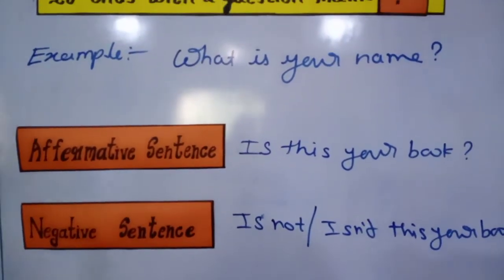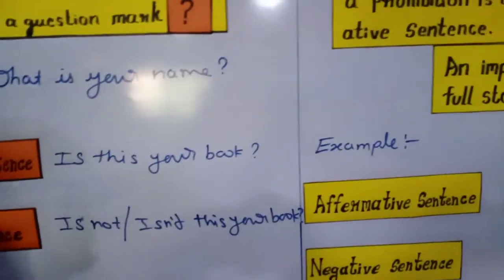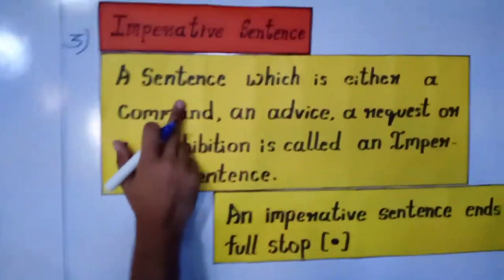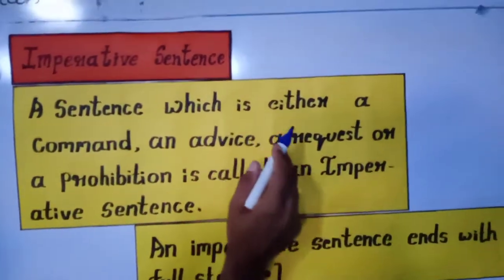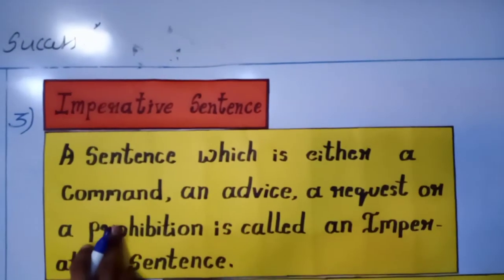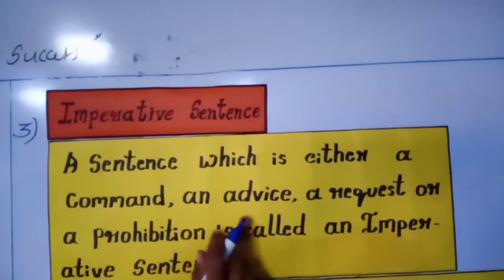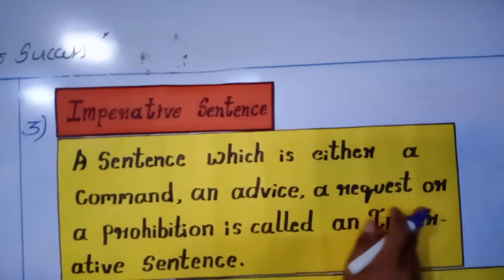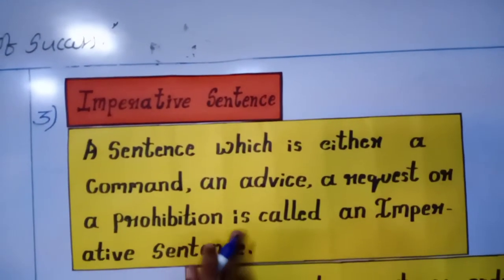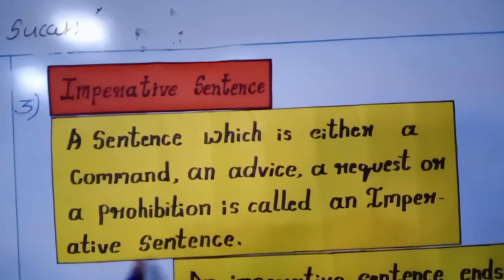Now the third one is imperative sentence. A sentence which is either a command, an advice, a request or a prohibition is called an imperative sentence.